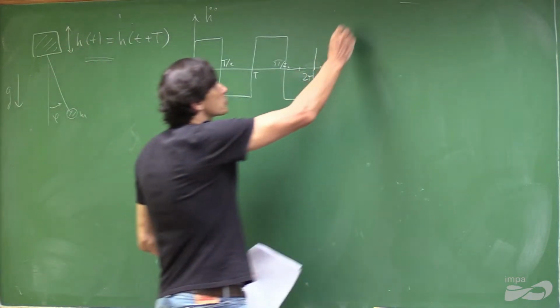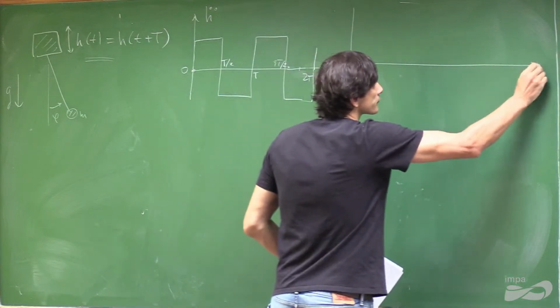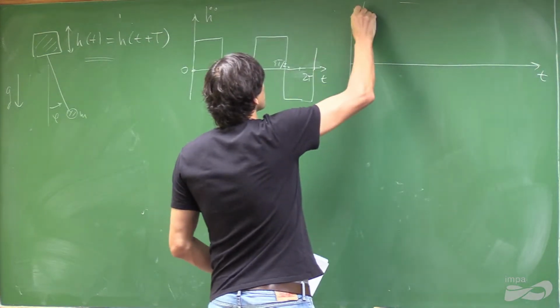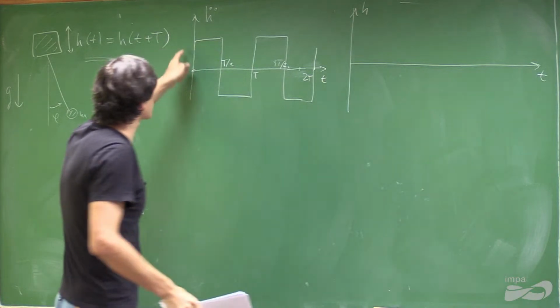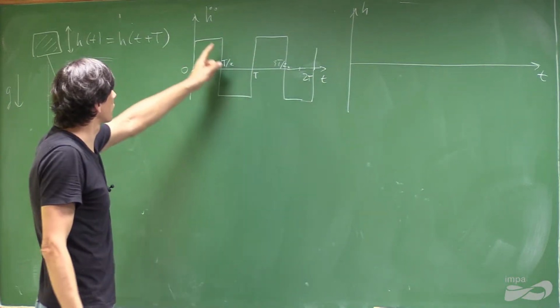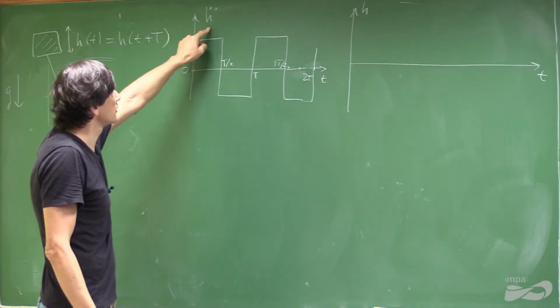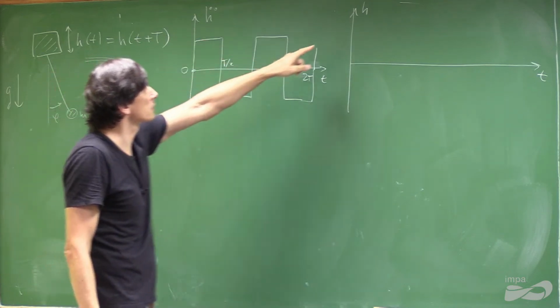From this picture, what you can see is that if you want to find h, it is just integration. Integrating once, you get h dot. Integrate twice, you get h.